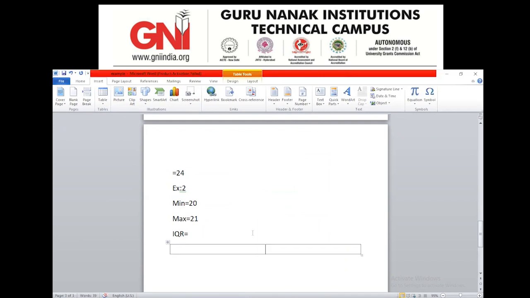What is the middle called? Out of 100 data, we divide into 2 halves. The middle will be the median. Yes or no? It is 50% only, but it is called the median.